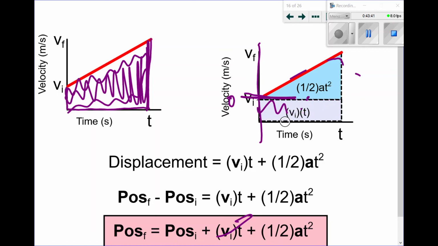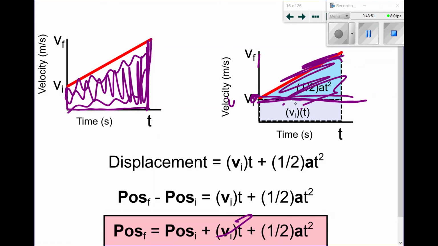If I'm looking at a case where I have no acceleration, well then my initial velocity runs as a constant velocity and there's no triangle. In that case, I have no acceleration and I'm left with the equation for just velocity times time. So no matter what's going on, I am set.